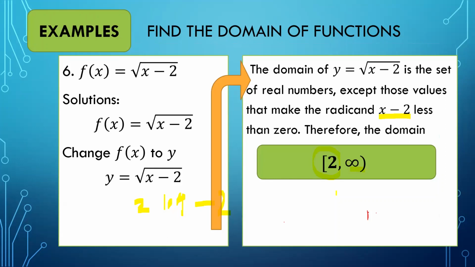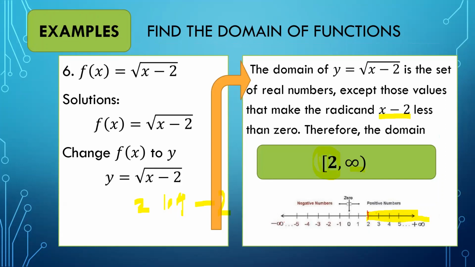So therefore, the domain will be from 2, including 2, so it is bounded by 2. We use this notation, closed interval, to positive infinity. In a real number line, that is from 2 to positive infinity.